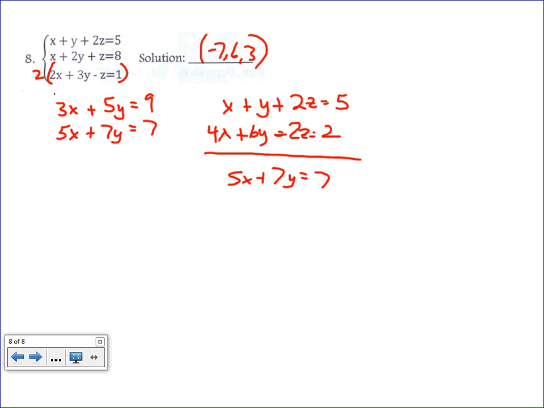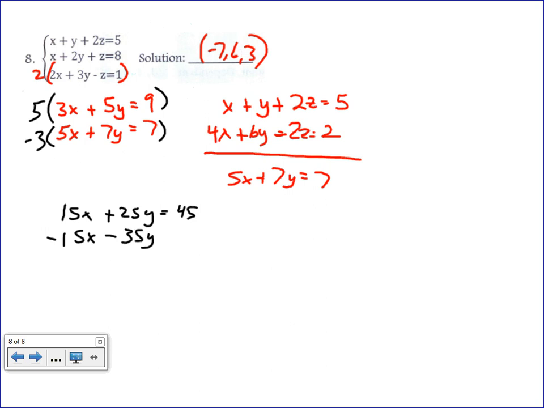Let's try again. I use -3 just so the numbers will be smaller. So 15x plus 25y equals 45. And negative 15x minus 35y. I got a mistake again.